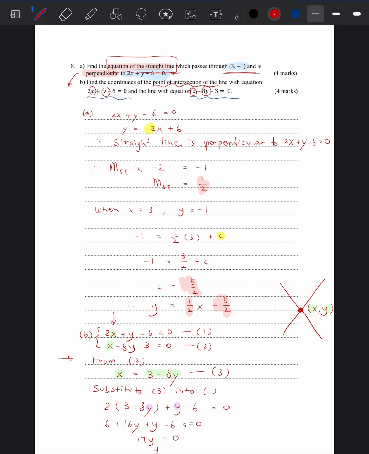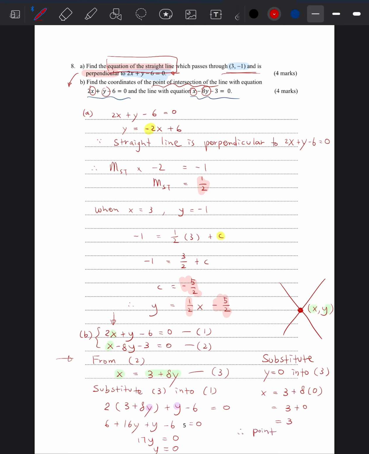So 17y equals 0, so y equals 0. Then we have got our y, so we substitute y equals 0 into equation 3 so that we can find our x. So x equals 3 plus 8 times 0. So 3 plus 0, so your x is 3.